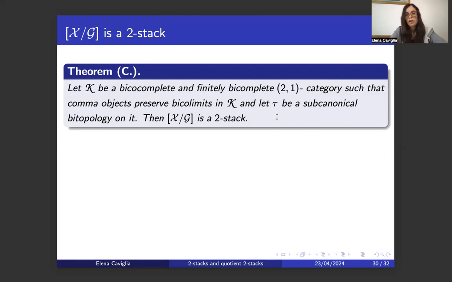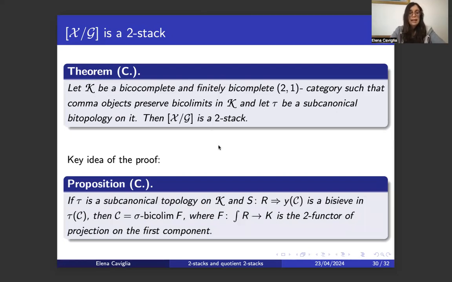And if the topology is subcanonical, and here by subcanonical we mean that every representable is a stack, this is a higher version of the subcanonical Grothendieck topology, then X over G is a 2-stack, according to our definition. And actually what I used in the proof was the characterization to prove this result.